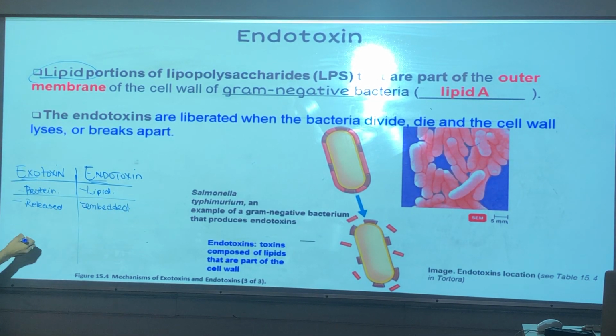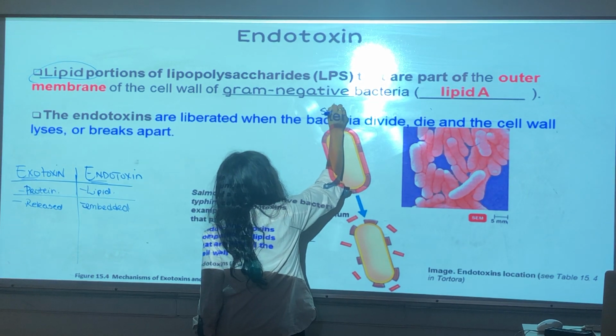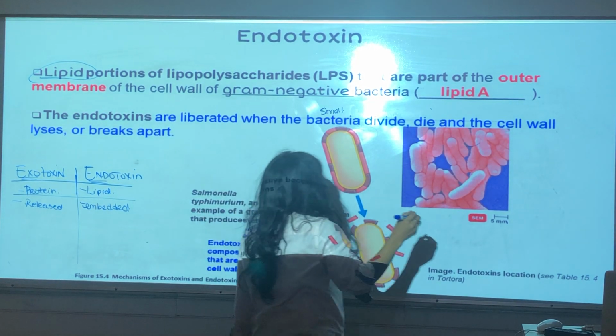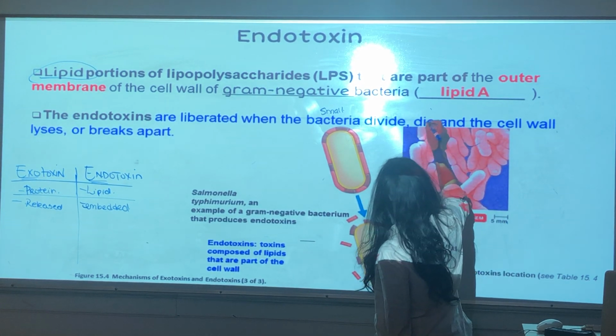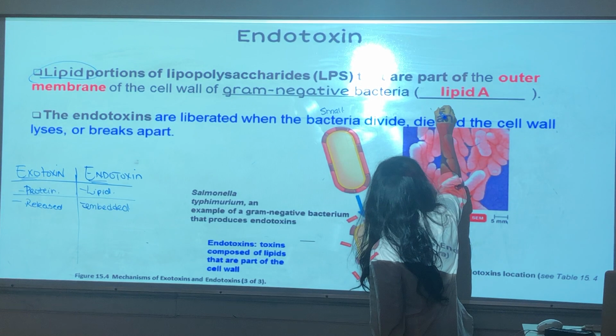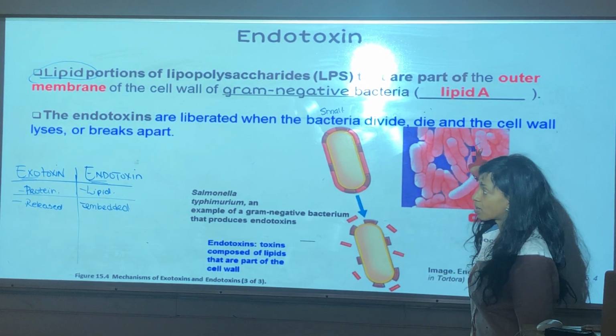This will be the second difference. The endotoxins are going to be liberated when the bacterial cells die, and when the bacterial cells divide. Only a small amount is liberated when they divide, but larger amounts are liberated when the gram-negative cell dies and the cell wall lyses or breaks apart.